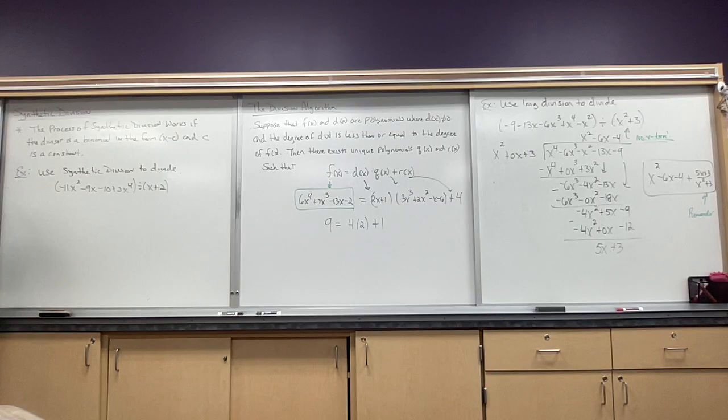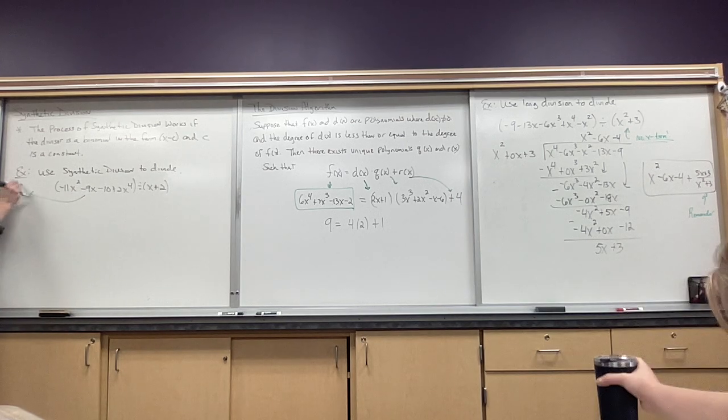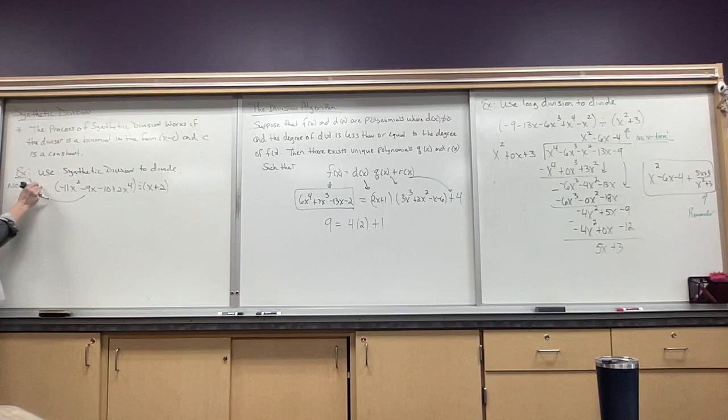So immediately I want to write it in descending order. So that's on my mind, okay? The second thing, I don't have an x cubed term in here. My largest power is 4, but if I go in decreasing order, the cube should be next, and there isn't. So automatically I'm going to have to put a 0 in place for that. So let me just put that underneath as a reminder. So we have no x cubed term. Okay, that's a big red flag, so we've got to make sure we keep that in the back of our heads. So here's how you use synthetic division, okay?